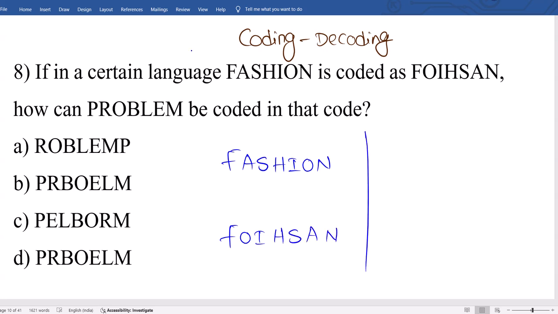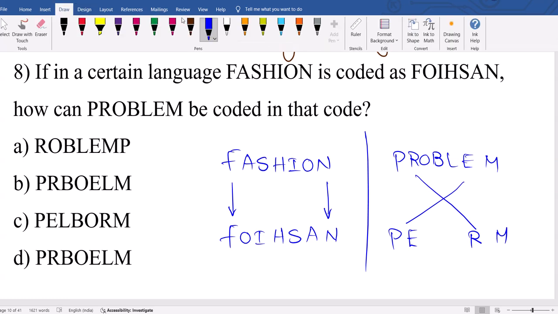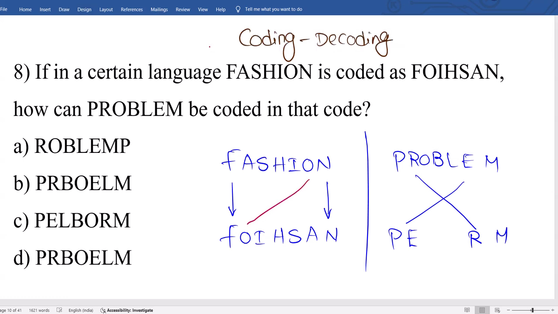Then problem will be P. What is the option? C. Super. So you can understand they kept first and last the same, remaining they wrote from back to front. First and last is the same. Rest of the things they maintain from back to front. So you can observe option C is suitable. Okay. Option C.